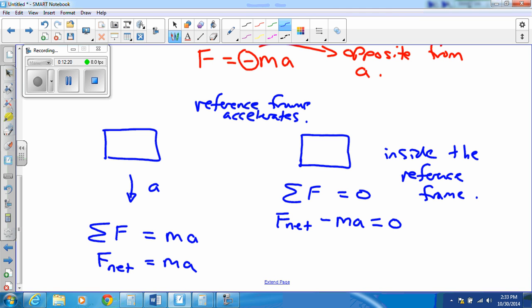And now when I add F net plus negative ma, that equals 0. Why? Because F net is equal to ma. And this brings Newton's second law back into play here. So mathematically, we can think of the fictitious force as being arbitrarily inserted so as to keep Newton's second law working.